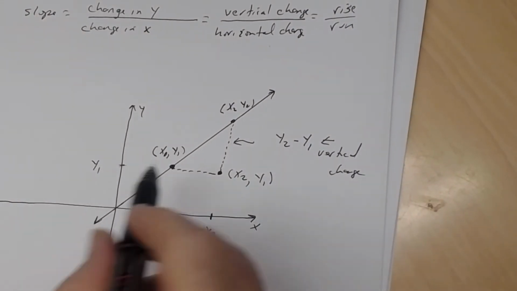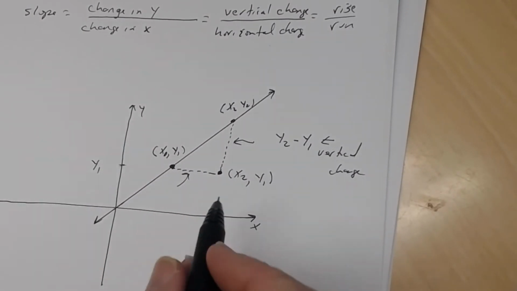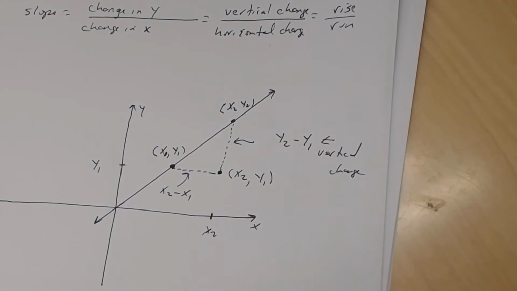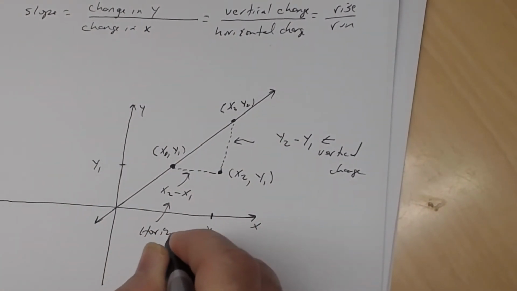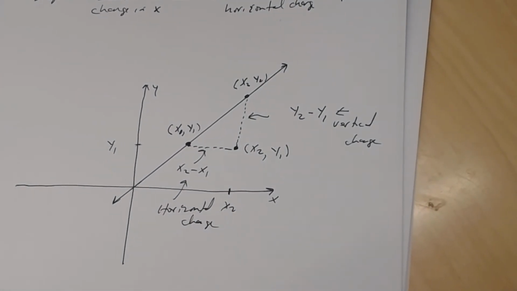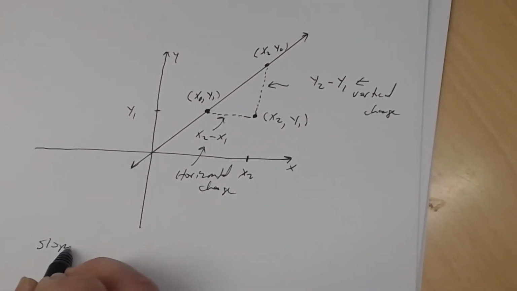Now over here, my horizontal change, I'm going to say x2 subtract x1. So that will be your horizontal change. That'll be your run.